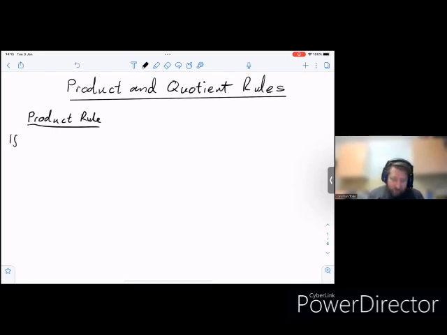What we have for the product rule is, if y equals uv, where u is a function of x and v is a function of x. That's for all of these. u and v are functions of x.